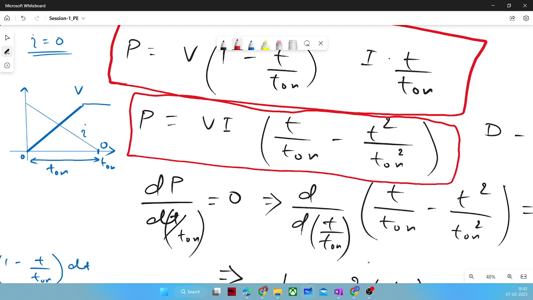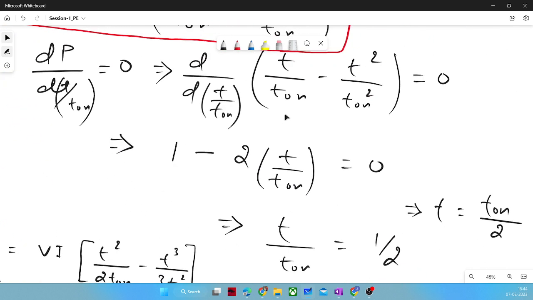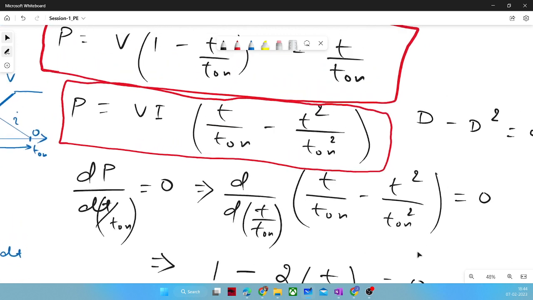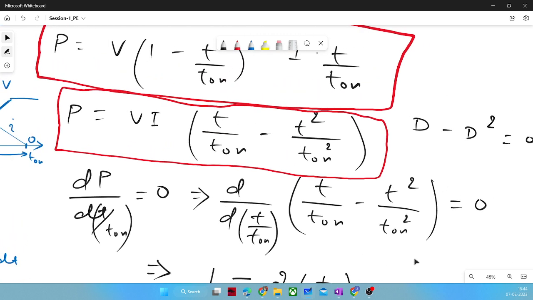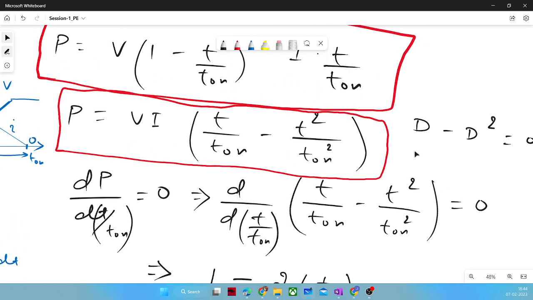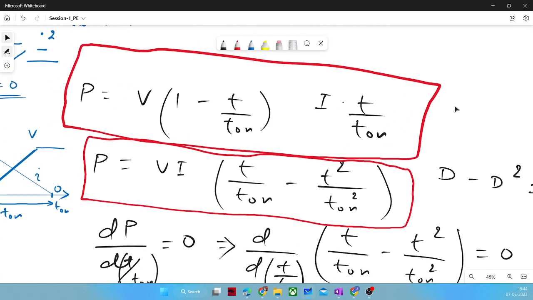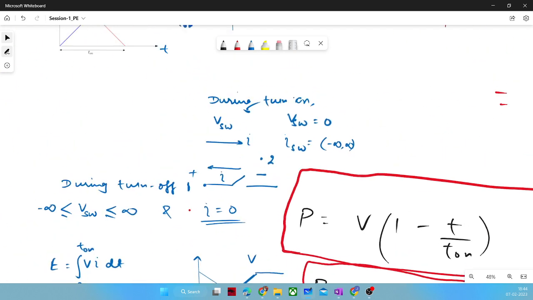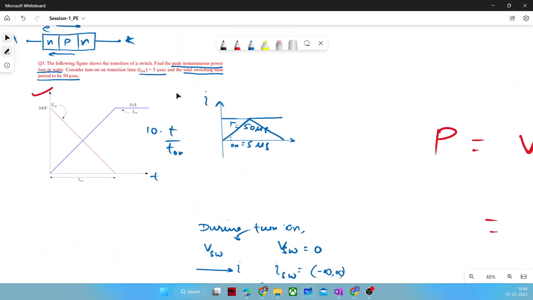So after differentiation, I got t by t on is equal to half. Okay, what you do generally in mathematics, you put those values in the power expression and you get the answer. Hence after putting t by t on is equal to half in this expression, I obtained this answer, that is 250 watt. So 250 watt was the answer for this problem.